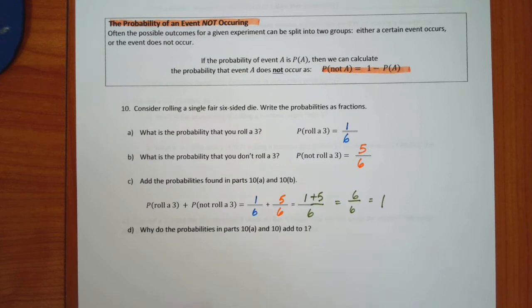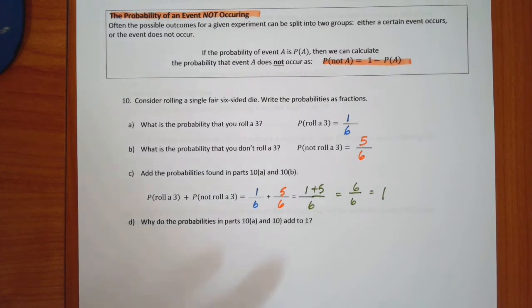Okay. Now, why does it work like that? Well, why do they add up to 1? Well, each roll is either a 3 or it's not a 3, which means that rolling a 3 or not a 3 is a certainty, so the probabilities have to add up to 1.